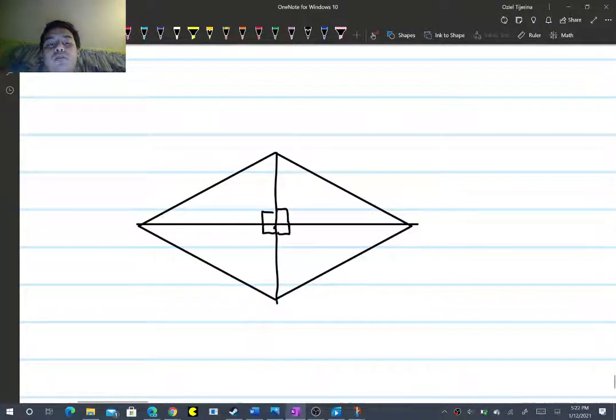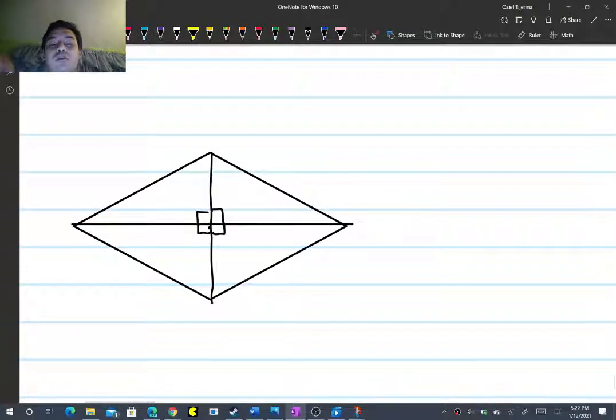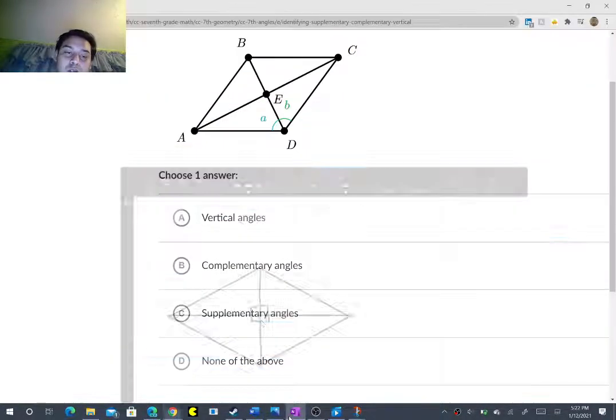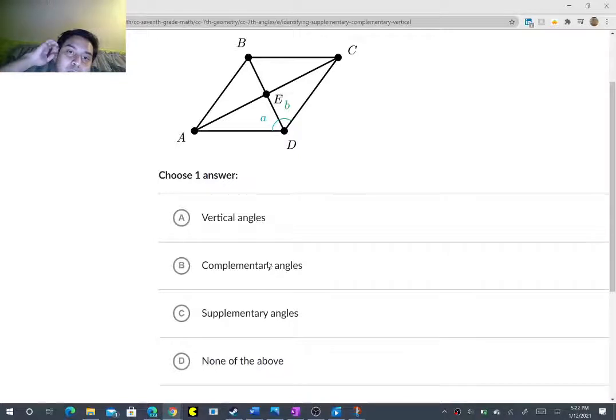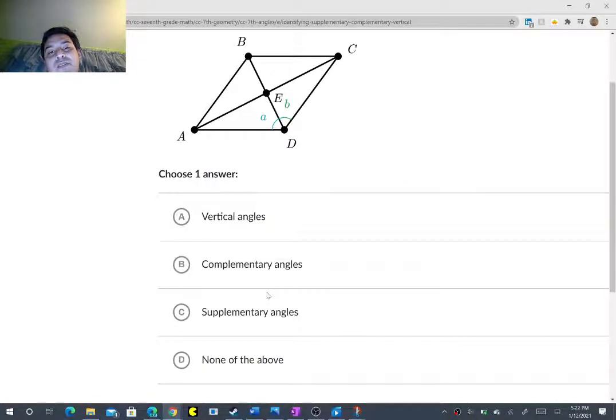And so basically angle A and B, this wouldn't be considered a right angle, is what I'm trying to say. A and B wouldn't be complementary. That's just what I'm trying to prove to you guys.